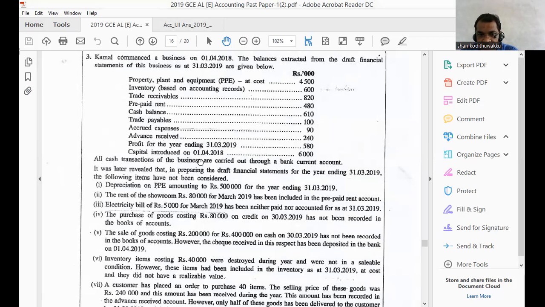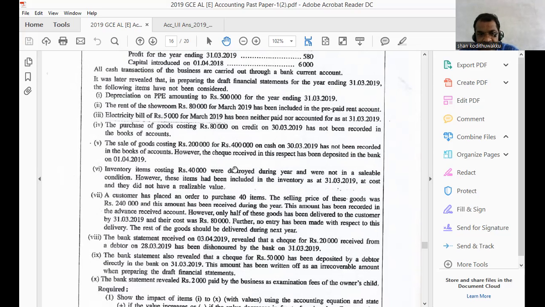All cash transactions of the business are carried out through a bank current account. It was later revealed that in preparing the draft financial statements for the year ending 31st March 2019, the following items have not been considered. That means when you prepared the financial statements, especially the income statement, statement of financial position and the cash flow statement, they haven't considered these transactions.